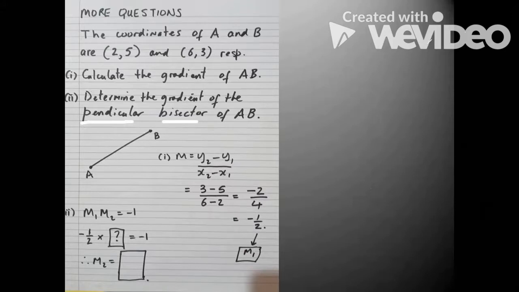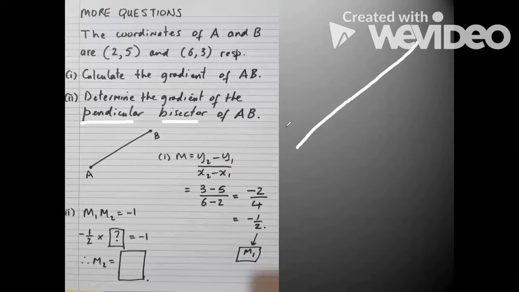So it says determine the gradient of the perpendicular bisector. Let me draw a line again. So we have that line here, AB. Now the gradient of AB is actually negative a half.